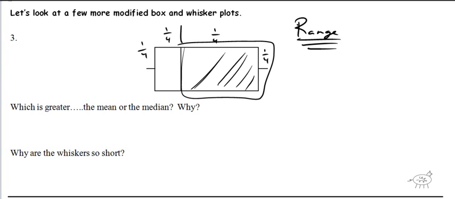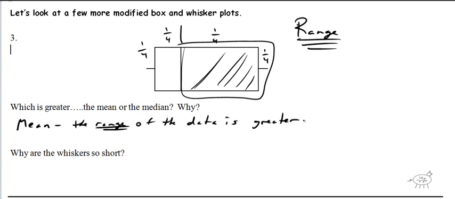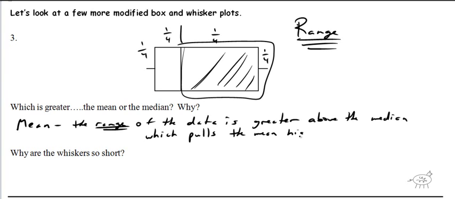So to answer the question, which is greater, it's definitely the mean, and basically the range, again, I'm using this key word, the range of the data is greater above the median, which pulls the mean higher.